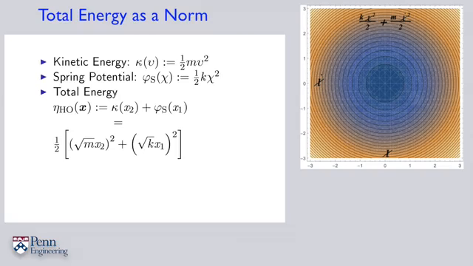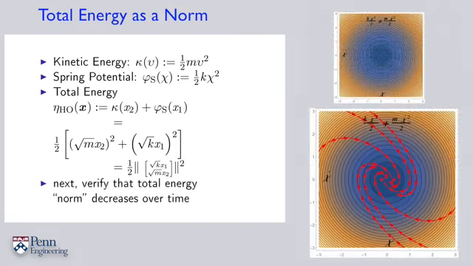And what you'll see if I select the parameters to be appropriately balanced, namely if square root of m and square root of k have the same magnitude, then the level curves of this total energy function are concentric circles. Let me write that down algebraically, and you can see that I've got this squared sum, and if I think about this squared sum as a geometric norm squared, I realize that I should think about total energy as a kind of a norm.